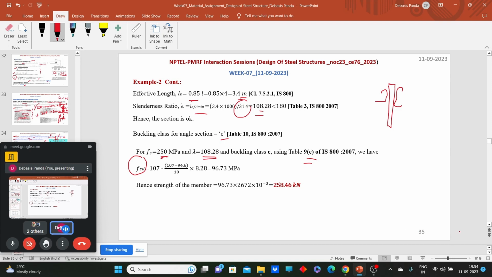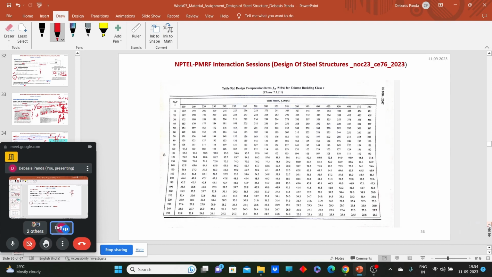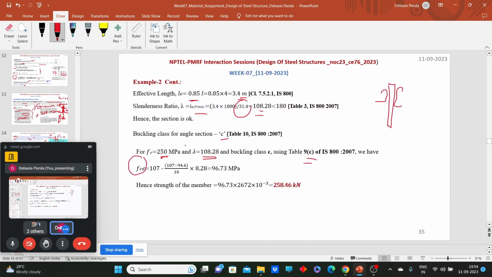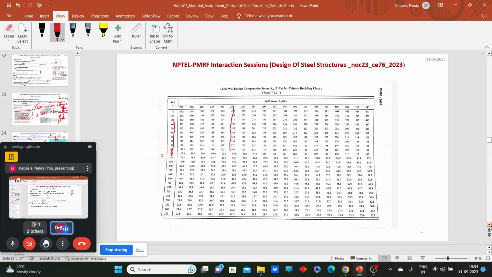If you go to table 9C, I have just shown you how to read it. Here the values of lambda are given, and we go to the column for 250. We don't have the value for 108, so we do a linear interpolation between 100 and 110.